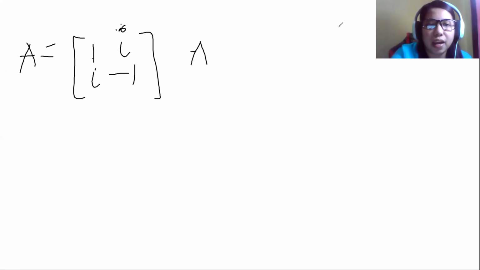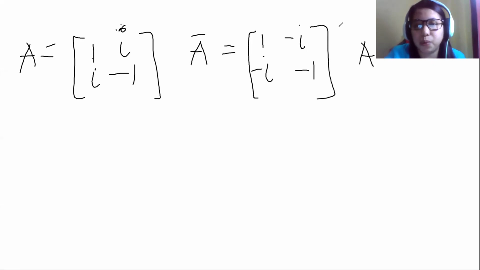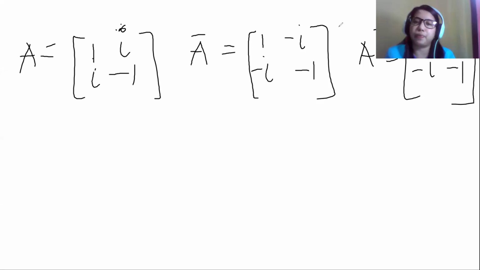So to get the conjugate of matrix A, so this is again 1, negative i, negative 1. Get its transpose. So let's transpose: 1, negative i, and negative 1.